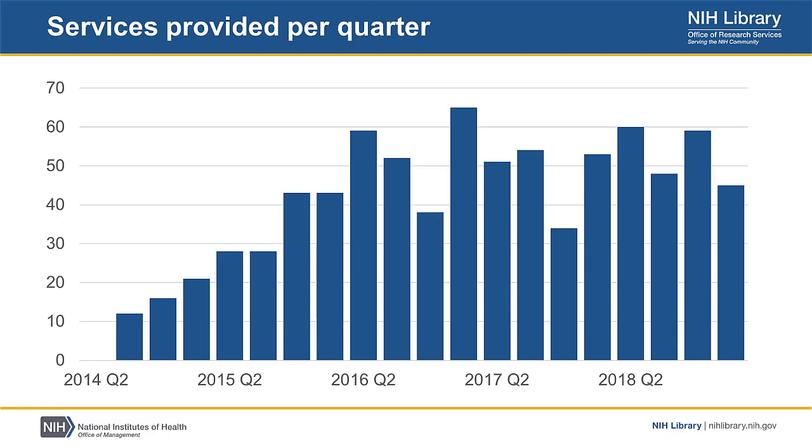This shows you the total number of services provided per quarter over the 5 years that we've been at NIH. You'll see it did take about 1.5 years for us to really get established and for the number of requests to peak. So we definitely took a while to get the word out and to get awareness around the NIH community.